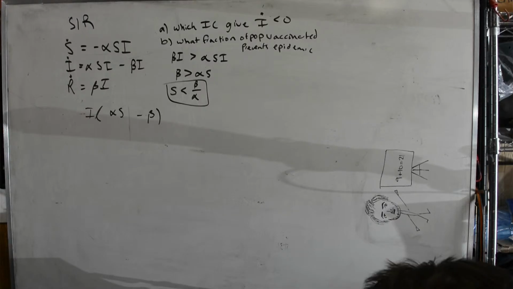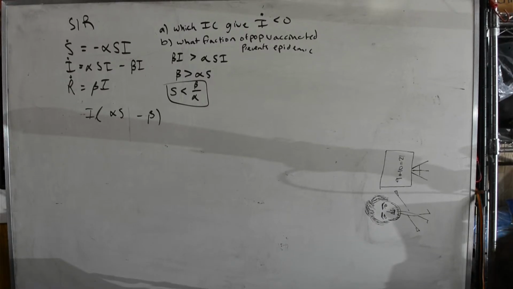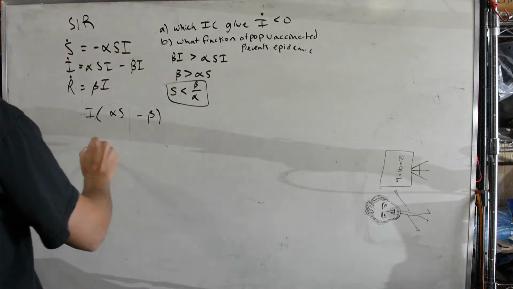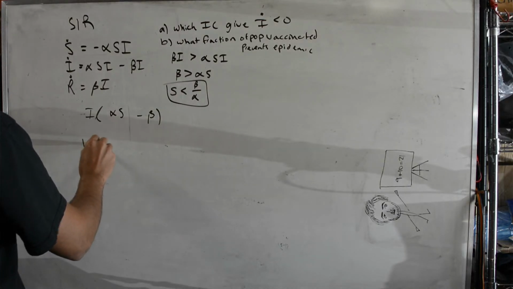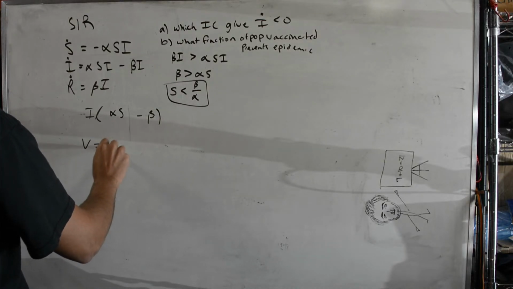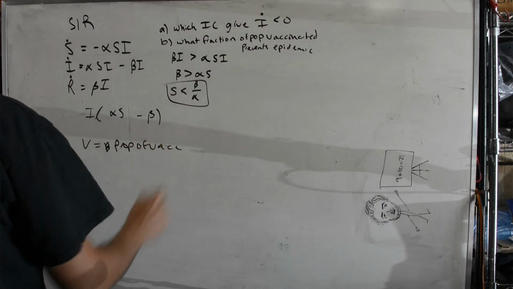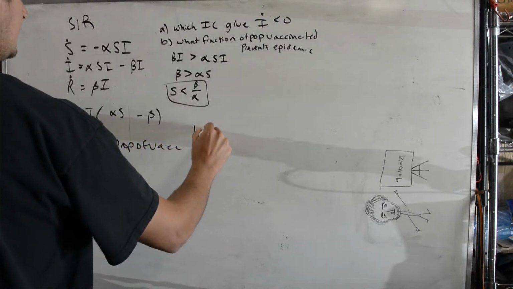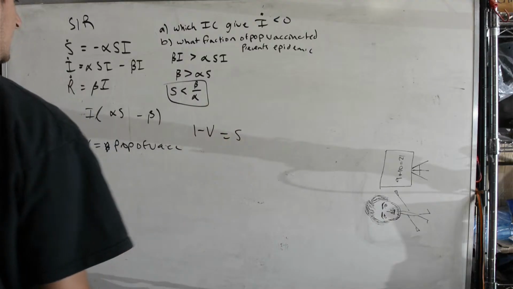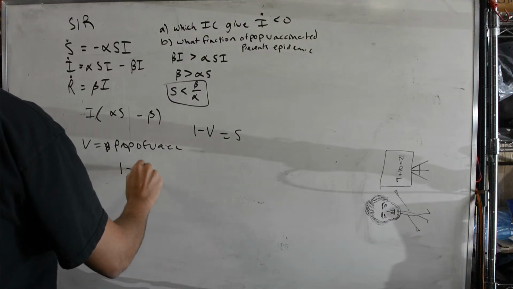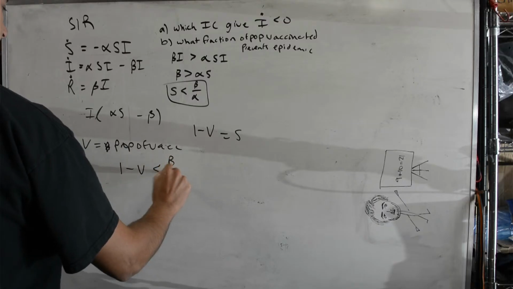Okay, all right, I get it. So what we need to do is let's say V is the proportion of vaccinated. Then 1 minus V is equal to S, right? So then we have 1 minus V is less than beta over alpha.